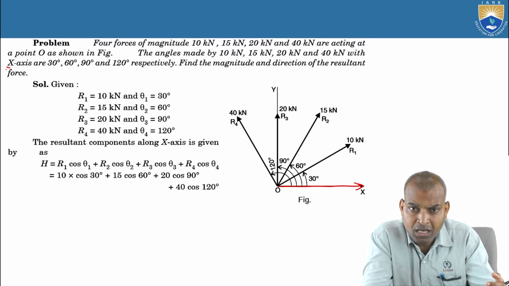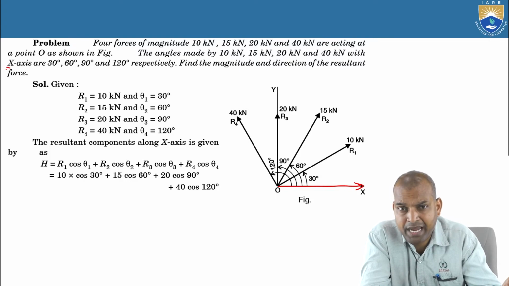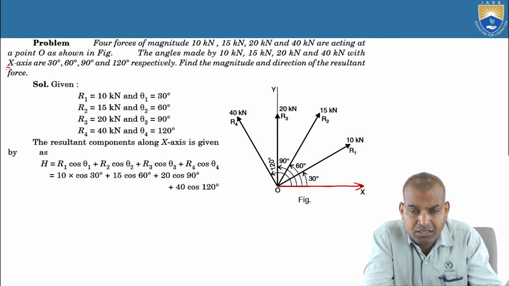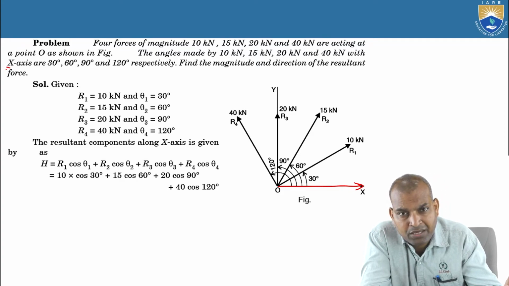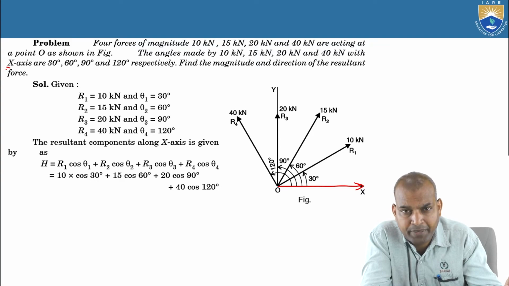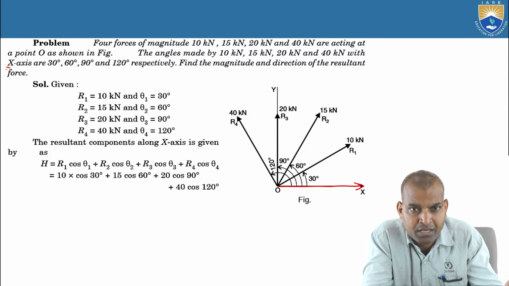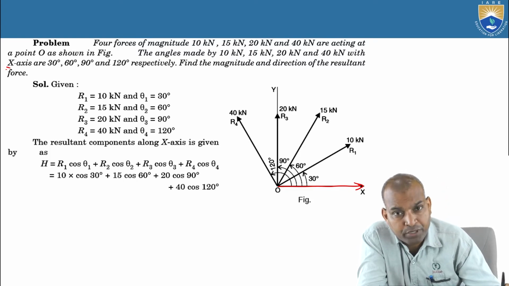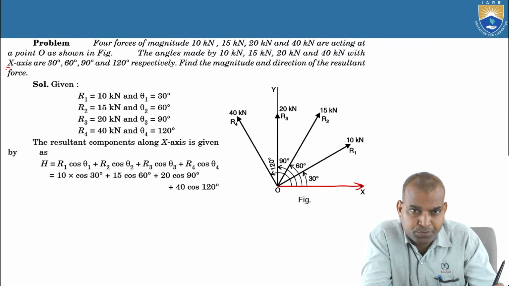Some of the reaction forces may act along the positive y-axis, some along the negative x-axis and negative y-axis also. For such cases, how do we apply the resolution of a coplanar force system? After solving this problem, we are going to attempt such problems.